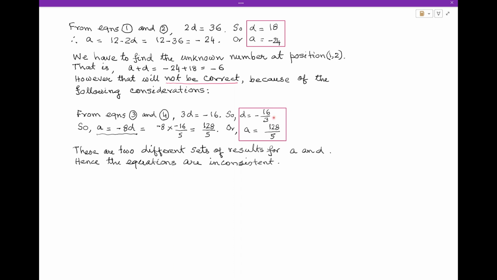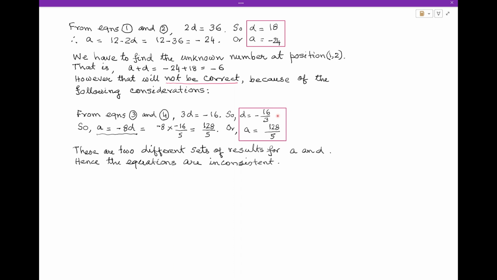Putting this value of D in one of the equations, we get A is equal to minus 8D, that is minus 8 multiplied by minus 16 by 3, and that is equal to 128 by 3.